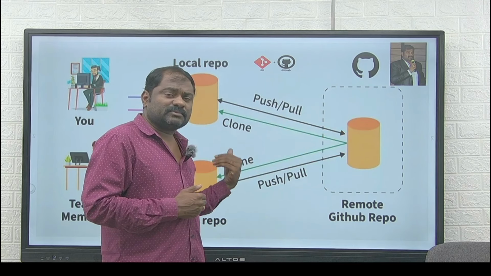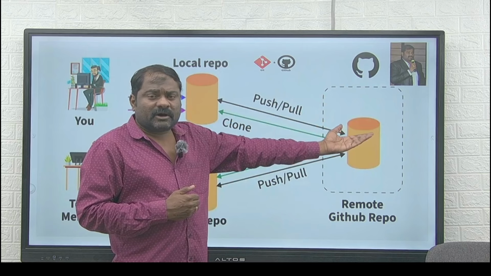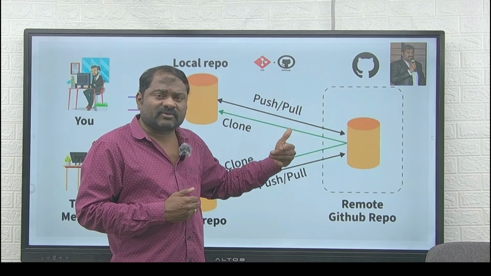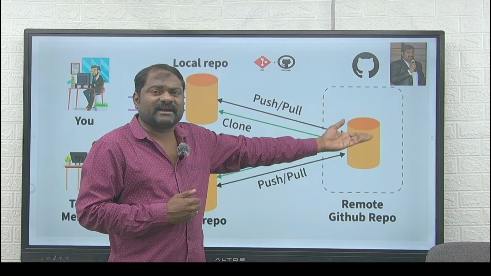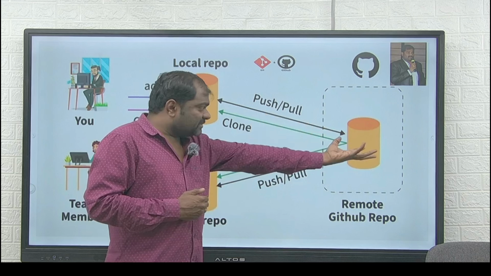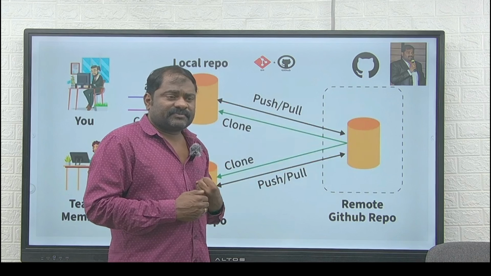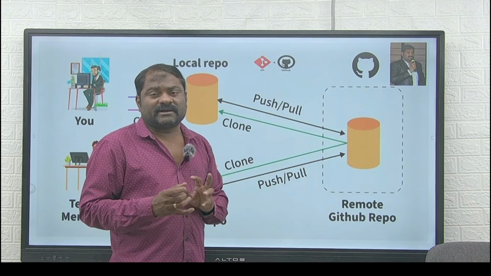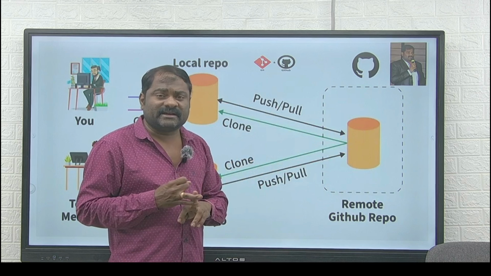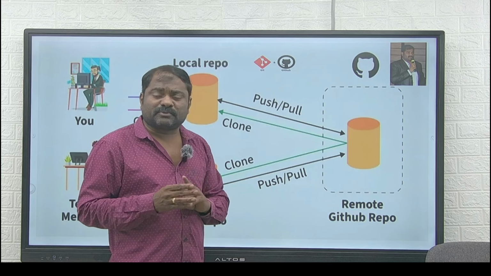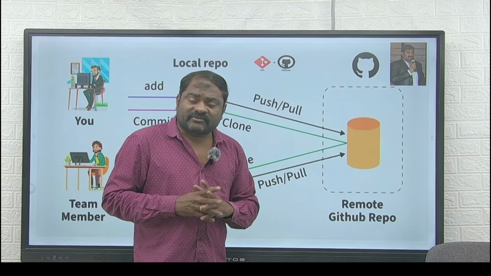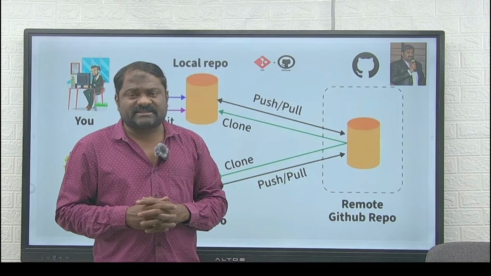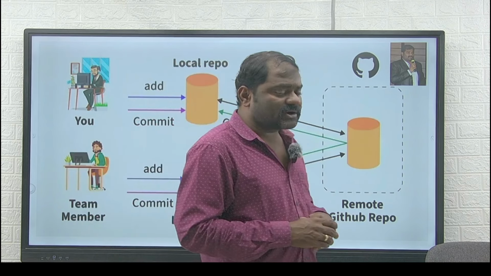Developer 2 also pushes code, or some modifications are done in that code. That code is available in the Git repo, and now a developer must pull that code. So these commands are very important: git add, git init, clone, push, pull, commit. I will explain everything step by step to give you more clarity.